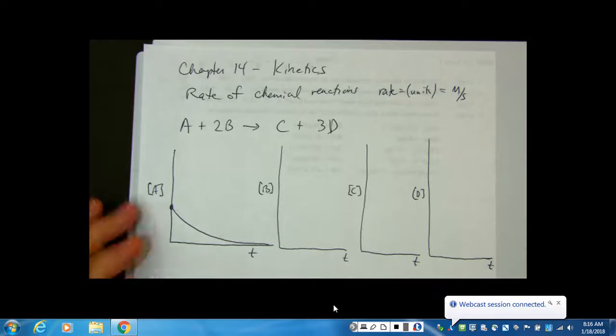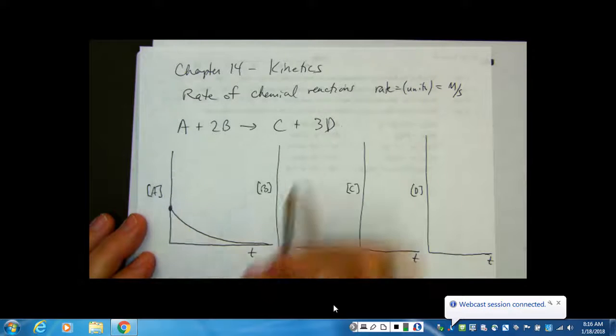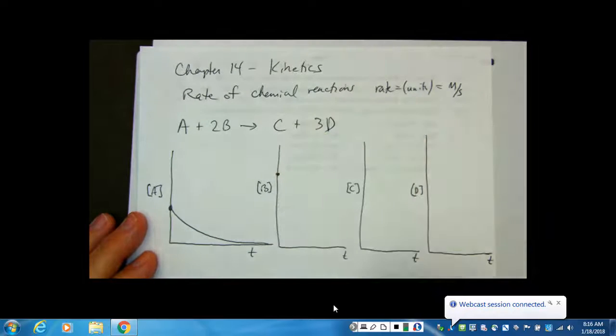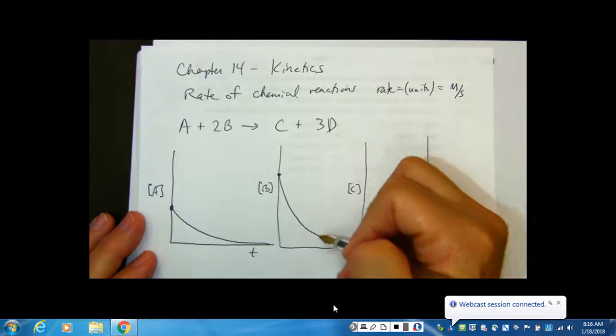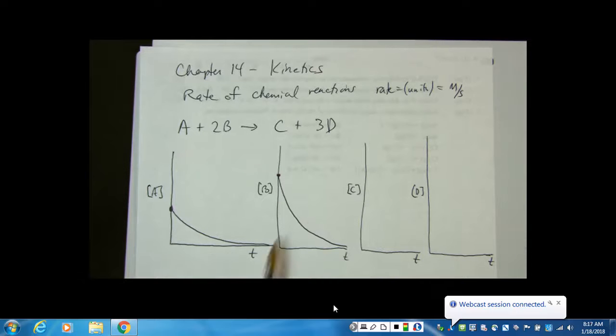Now, what is the stoichiometric amount of B that I've got? Twice that. So it's going to go up there and do that. Can you tell which one's going down faster, A or B? B is. So the rate of B, how much B is changing, is faster than A. By how much? Twice as much, because of the stoichiometry of that reaction.